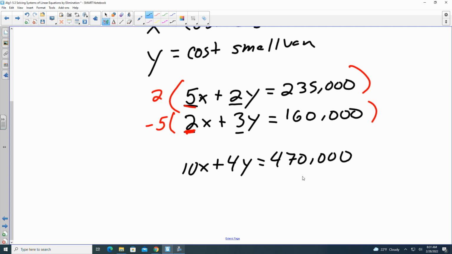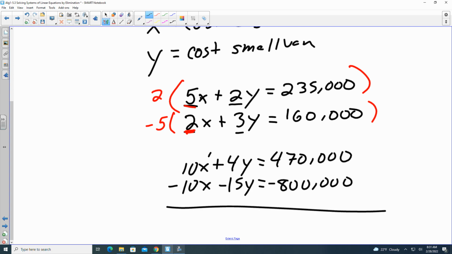Then on the bottom equation, I'm going to get negative 10x minus 15y is going to be equal to negative, so I got 160,000 times negative 5, I get negative 800,000. So this allows me to eliminate that x.